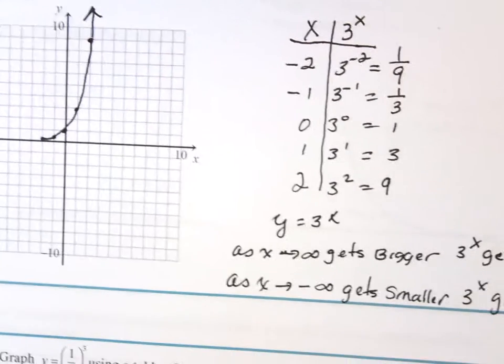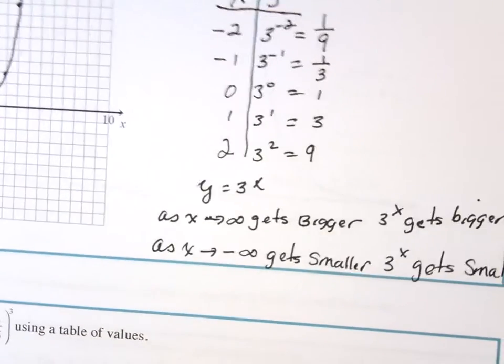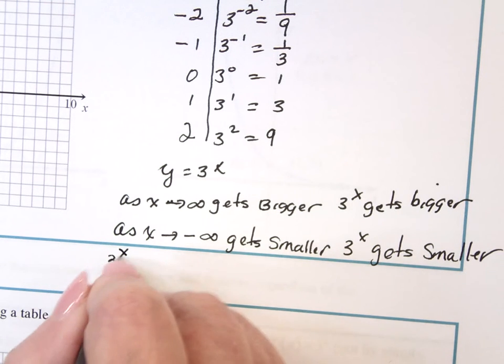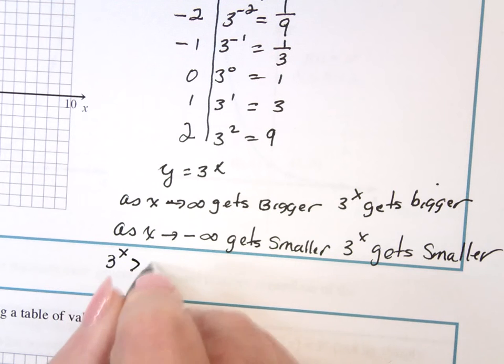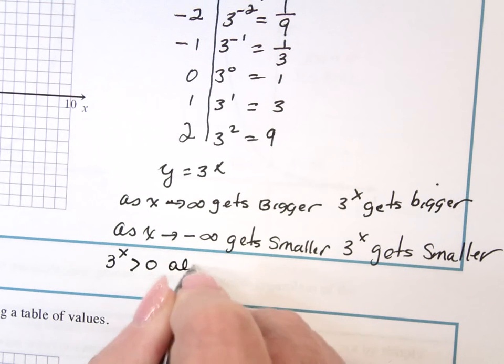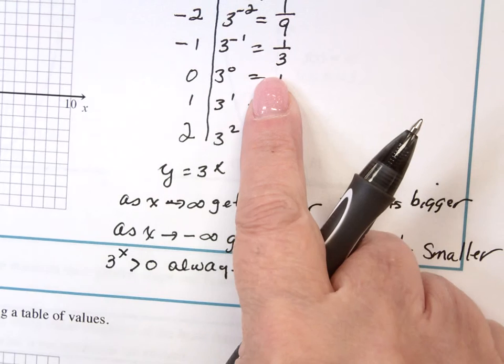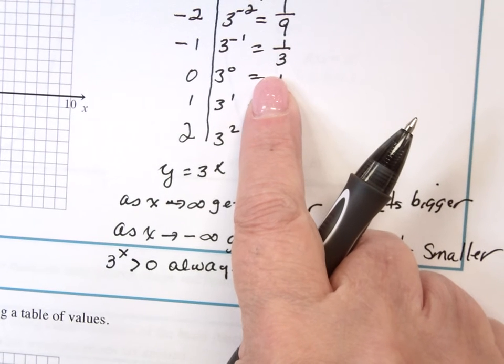And in fact, how small does 3 to the x get? Yeah, 3 to the x is always positive. So if I take a look at what's happening, it becomes more fractional.